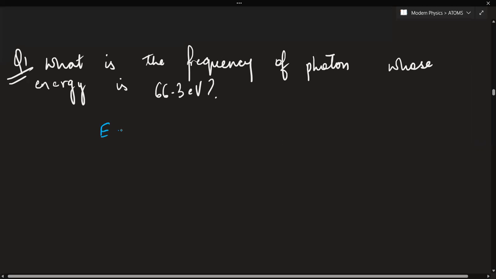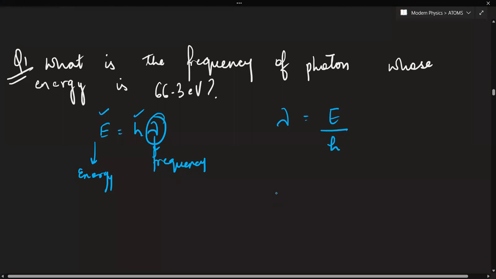See, energy is equal to h multiplied by nu, where nu is the frequency. This is Planck's constant. This is energy. So now see, only frequency is unknown. Energy is given, Planck's constant you know. So frequency will be energy divided by Planck's constant.